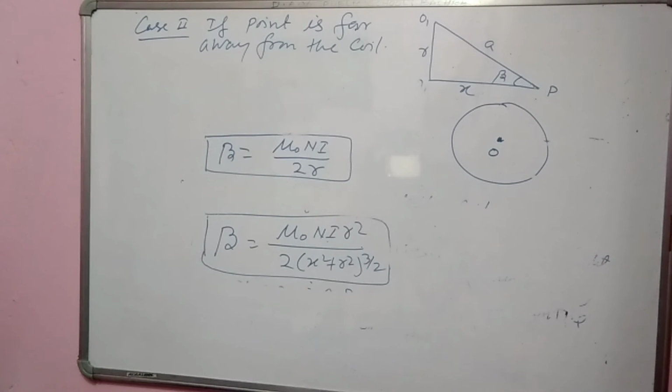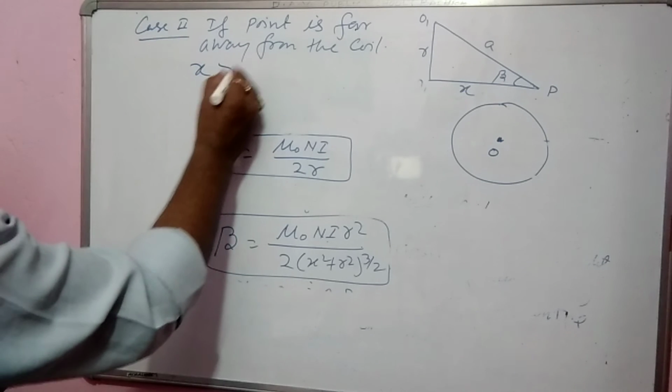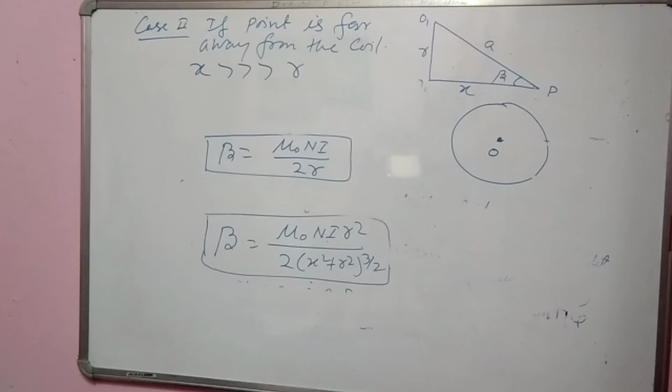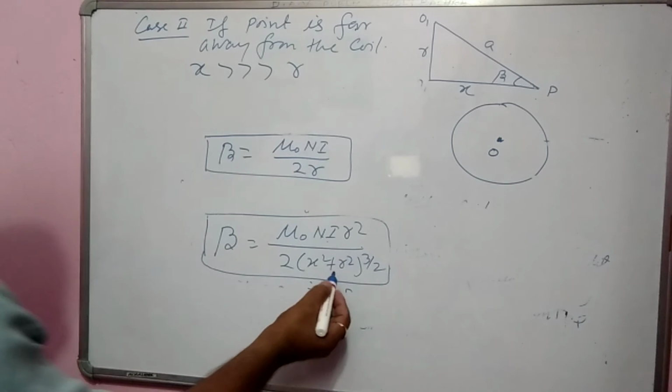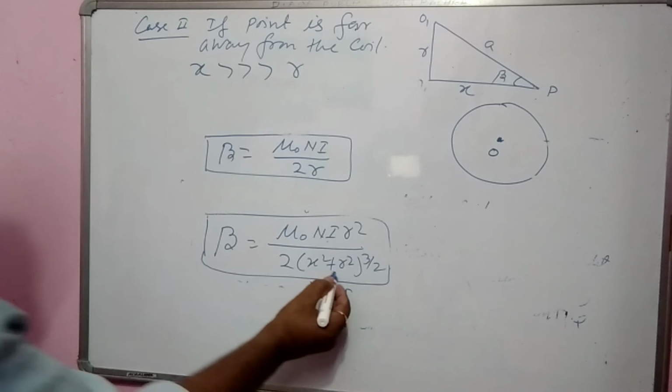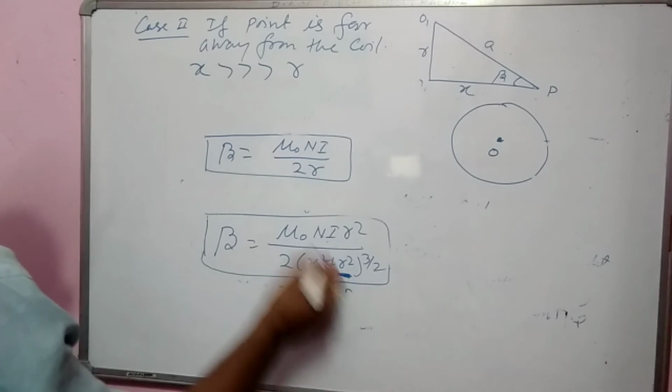At that time, x will become very large compared to r. Then in the denominator we can neglect the r square.